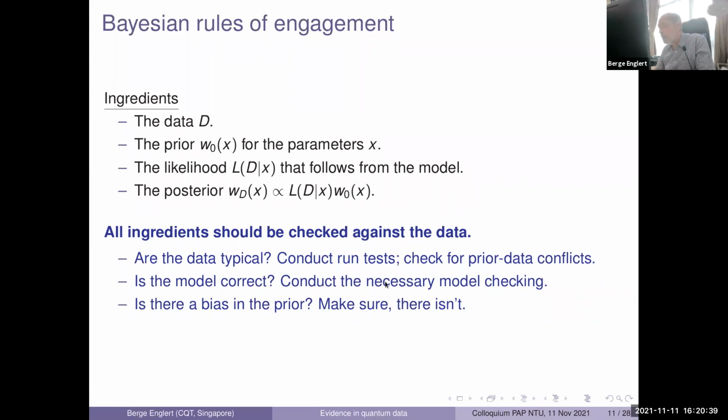And if necessary, we have to do a model checking. You will see an example of that. And the other question is, do we have a bias in our prior, in the way we assign the prior probabilities? And so there are tests for and against bias. So we make sure that there is no bias. Again, you will see an example for that.